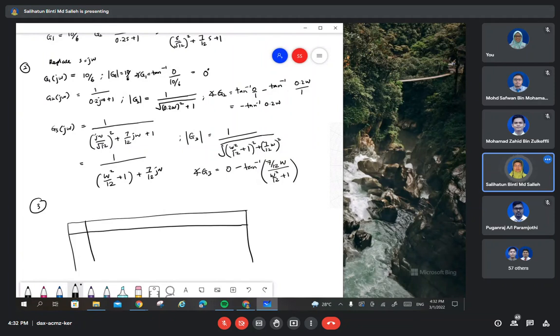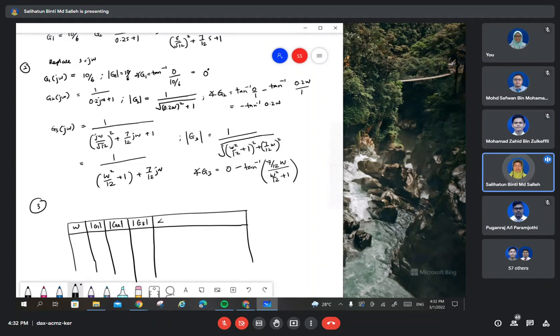So you have to put omega here, and then magnitude G1, magnitude G2. Last time in physical class, we needed to use the calculator to calculate each value in the table.